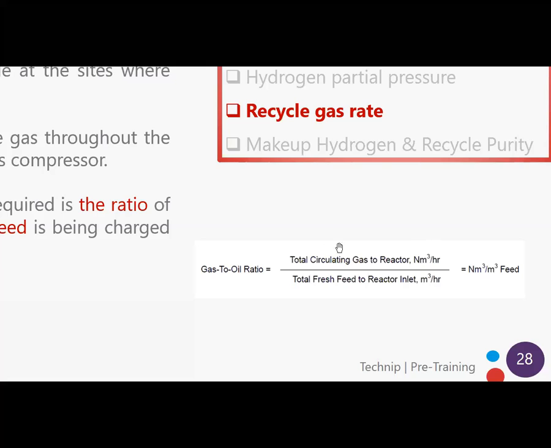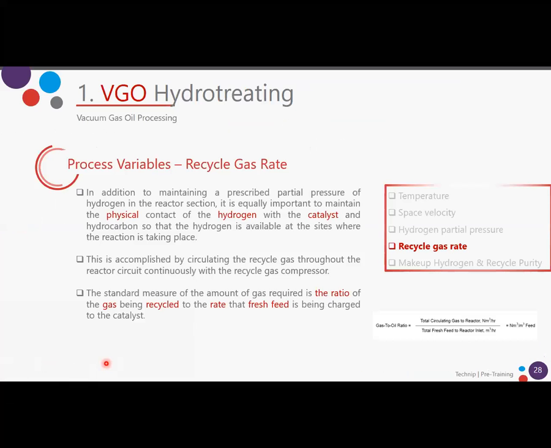And we will have also the recycle that serves as quench to the reactor. So you will have to calculate this gas to oil ratio according to this equation. And this is the VGO to the reactor inlet in cubic meters per hour, okay? And they will give you an appropriate value to maintain for this gas to oil ratio.